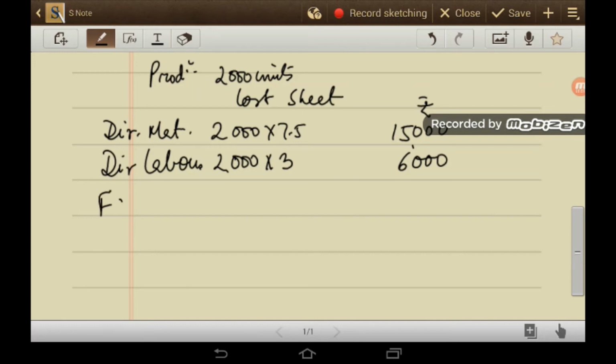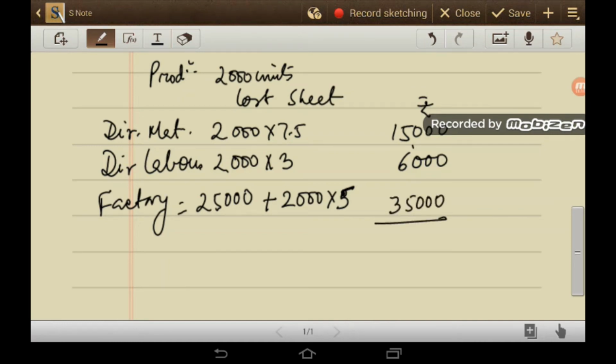And factory overhead, you have two parts. The fixed cost is 25,000 and the variable component is 2000 into 5, since the variable cost per unit is rupees 5, as we have just calculated. So 2000 into 5 is 10,000, plus 25,000, this gives 35,000. So your total cost comes to 56,000.